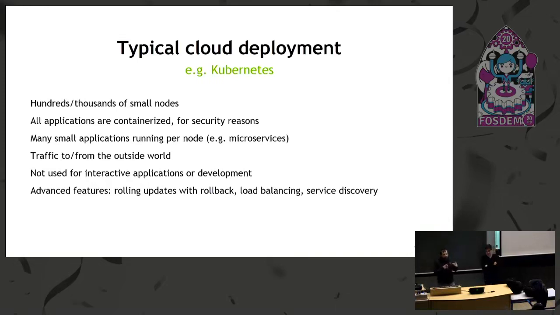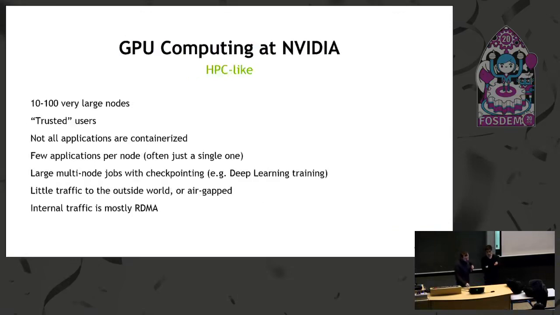You have traffic from the outside world, user uploads and so on, and internal traffic. Users don't access the cluster directly. They basically ask someone if they can deploy a new app on the cluster. And you have advanced features that I've listed here. That was kind of what Kubernetes has to offer.